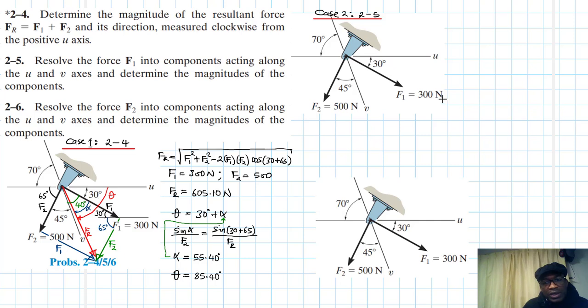This is F1 here. Okay, so it means it will have one component this side, one component the other side, right? Because they must have the same tails, right? Great. So let's draw that. Let's draw a parallelogram.